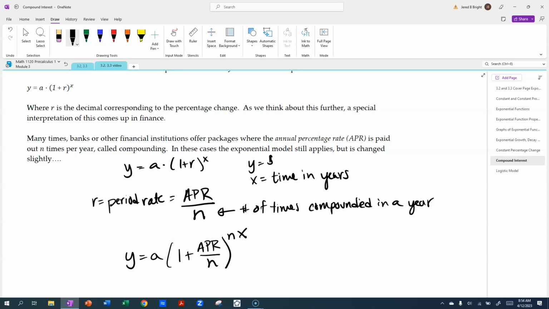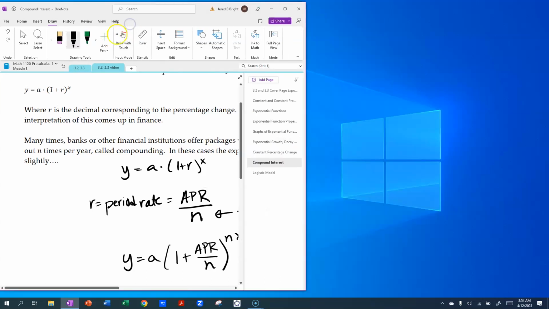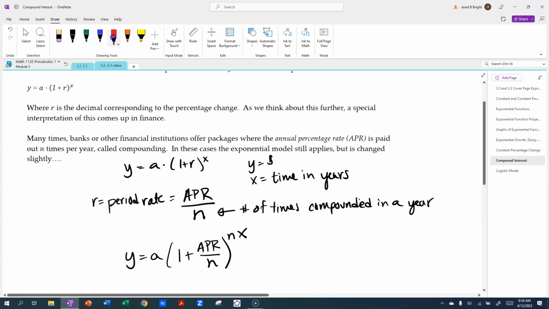The reason for this is that X is time in years, but R is assessed some number of times in a year. So we have to multiply X times whatever N is to determine its value at the end of a year, because it accrues value at regular intervals during the year.